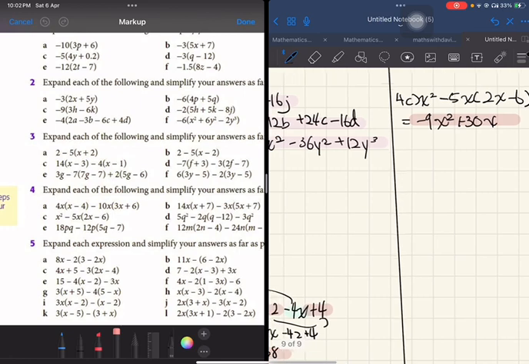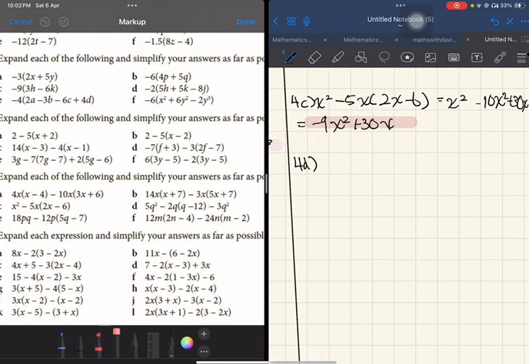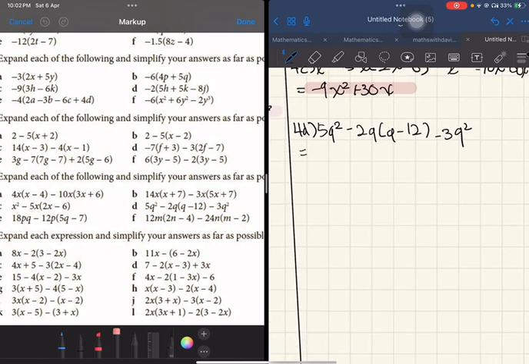Okay, so now for 4D. 5q squared subtracted by 2q, and then 12, subtracted by 3q squared. Okay, that's right. 5q squared, negative 2q times 2, you're going to get negative 2q squared.